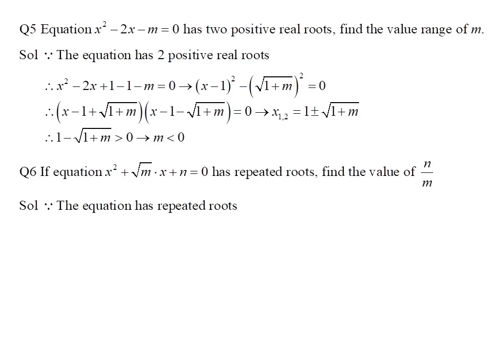As we know, repeated roots means the discriminant delta is equal to 0. So we express delta in terms of m and n, which gives the relationship of m minus 4n equals 0. Therefore, the ratio of n over m is 1 over 4.